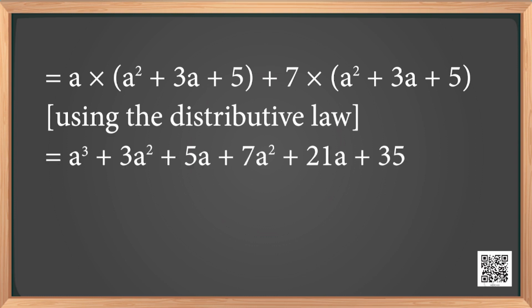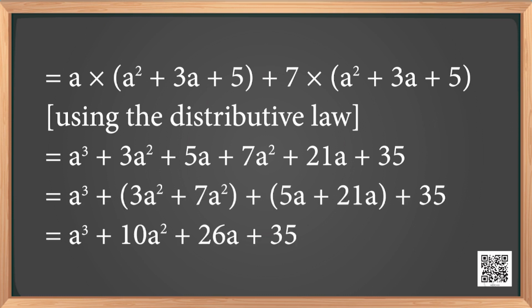Using distributive law, we get a cube plus 3a square plus 5a plus 7a square plus 21a plus 35, which is equal to a cube plus 3a square plus 7a square plus 5a plus 21a plus 35. Here you see we have written the like terms together, which is equal to a cube plus 10a square plus 26a plus 35.